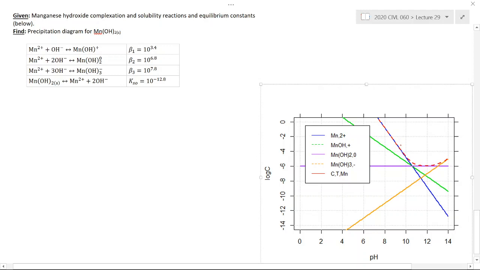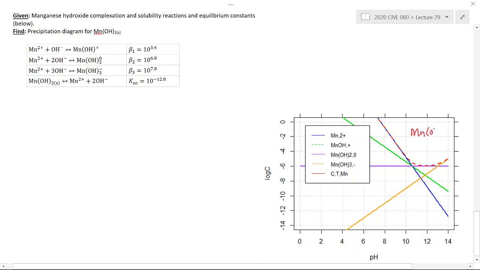What this represents is that each line represents a specific constituent and how it's in equilibrium with manganese hydroxide solid. So if your manganese is lower than that line, it won't precipitate, but if it's higher, it will precipitate. What that means is that the lines define a region where manganese hydroxide is going to form, and that is right here.